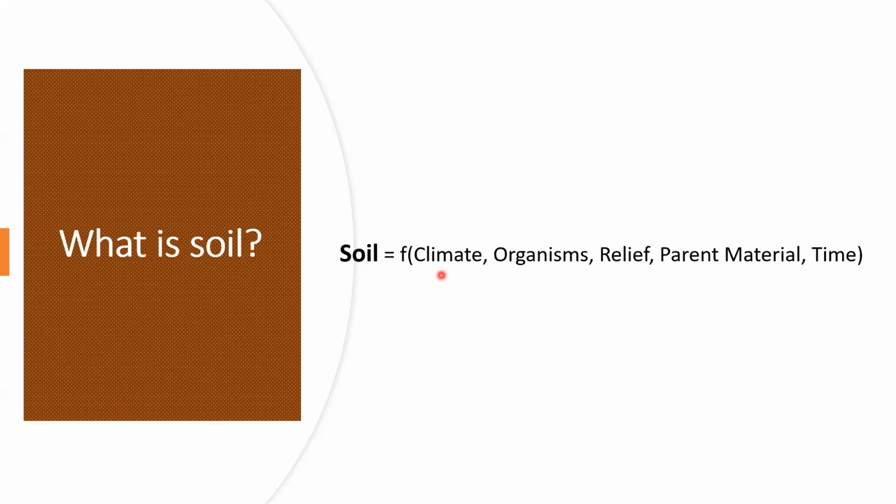It means they have an impact on the characteristics of soil, the development of the soil, and you may also say that the degradation of soil is also dependent on these factors, because these factors affect the soil characteristics.